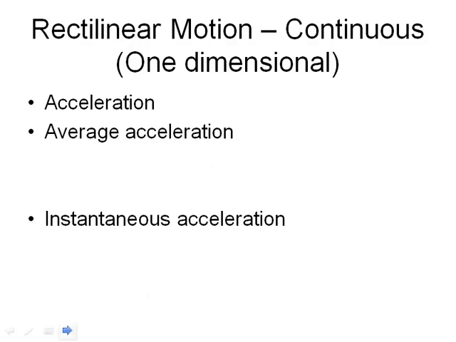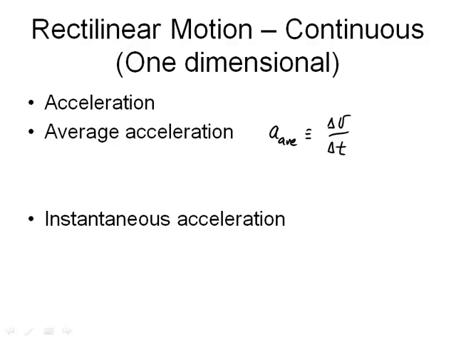All right, so now let's talk about acceleration. Acceleration is going to be defined as a change in velocity with respect to time. So the average acceleration is defined as the change in velocity with respect to time.